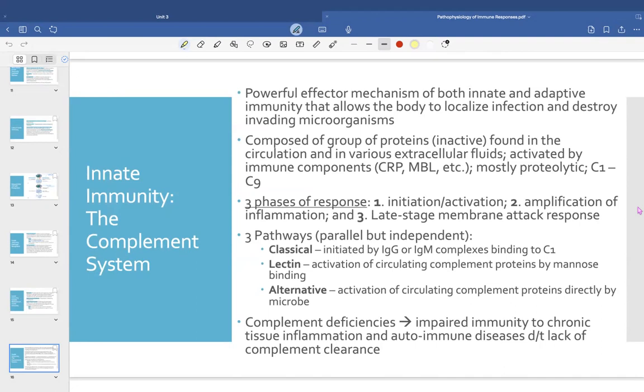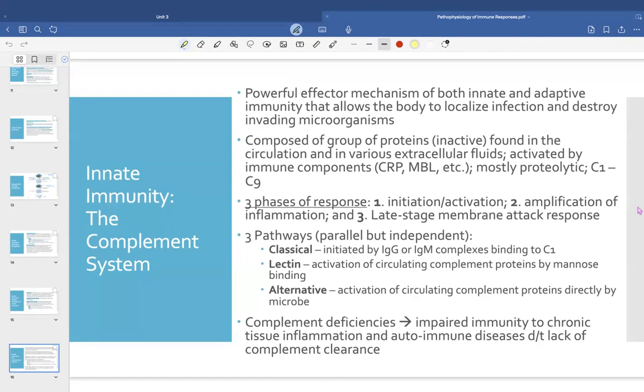But when you have some of the other stimuli, okay, like your acute phase proteins, your MBL, your C-reactive protein, okay, when you have those, it activates complement as well.